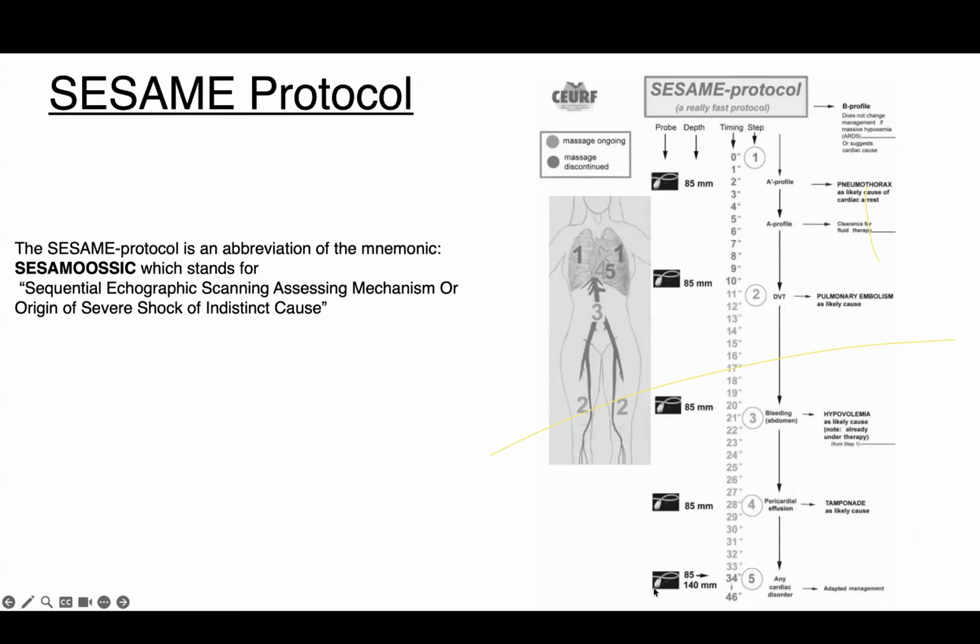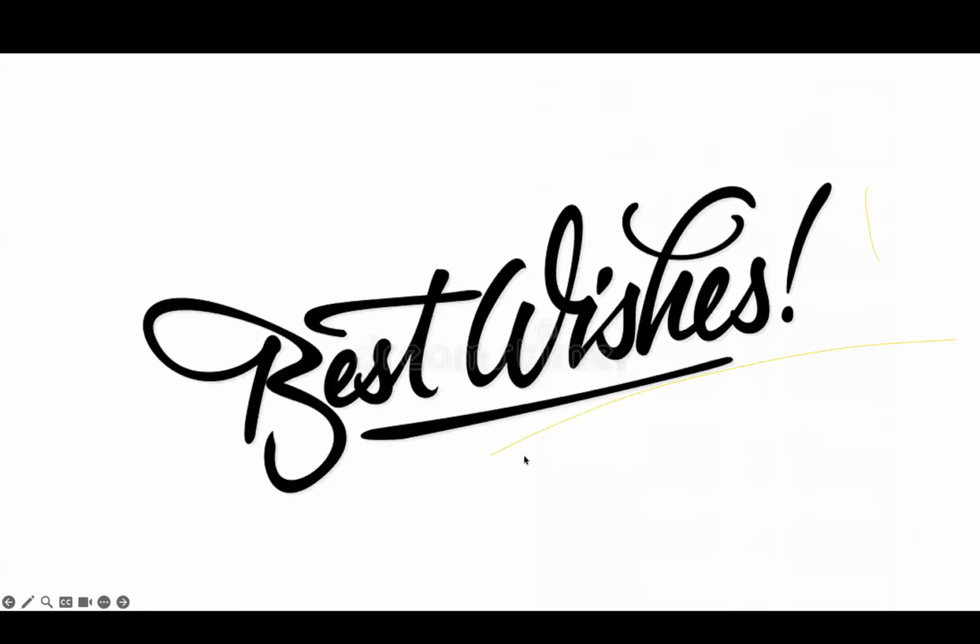The main thing is you are not going to assess for the exact view. You are just going to assess for any abnormality, whether it is present or not. So you can assess with the curvilinear probe itself. So this is about the SESAME protocol. With this, I've come to the end of the talk.